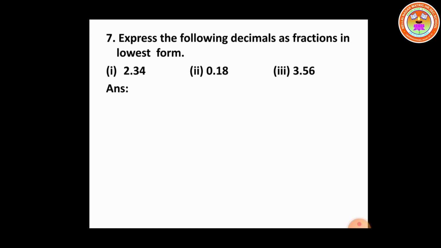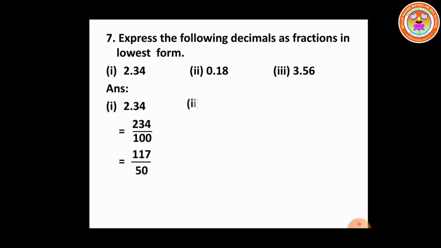Let us see the answer. First one 2.34, it has two decimals, so we have to write the denominator as 100, so it equals 234 by 100. Both are divisible by 2, so when we divide by 2, it will give 117 by 50.